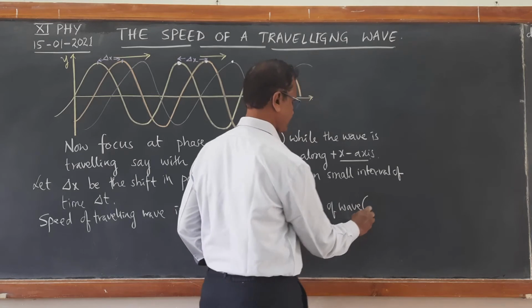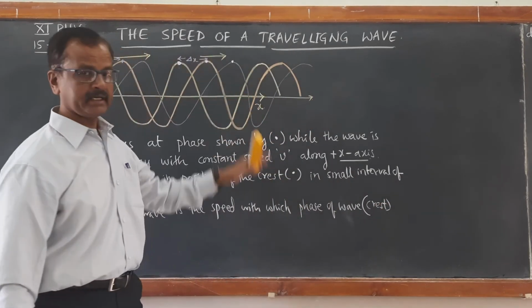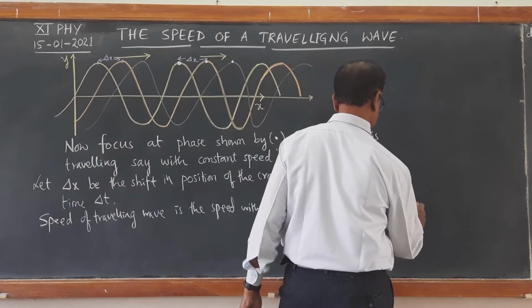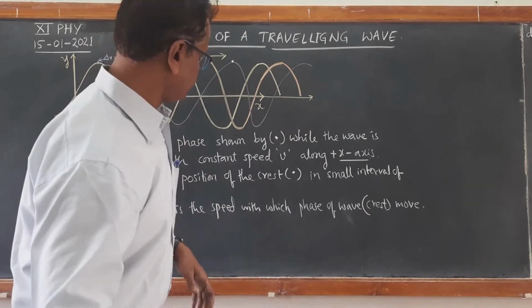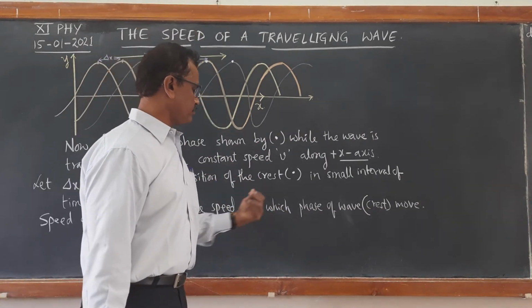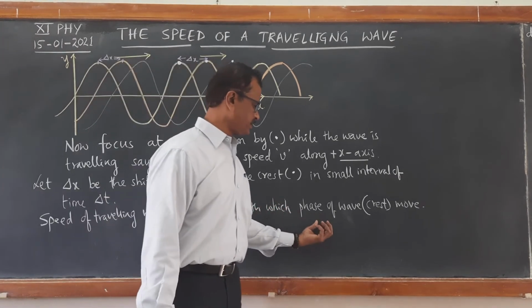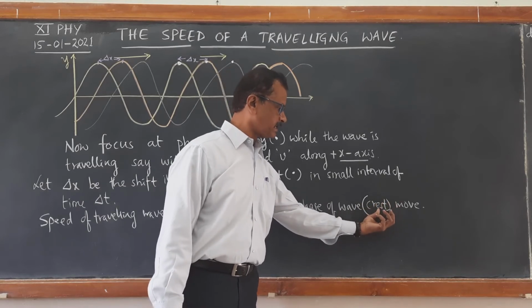In this example I have taken the crest. That dot I have taken as a phase. The speed of a traveling wave is the speed with which the phase of the wave, like the crest, moves.